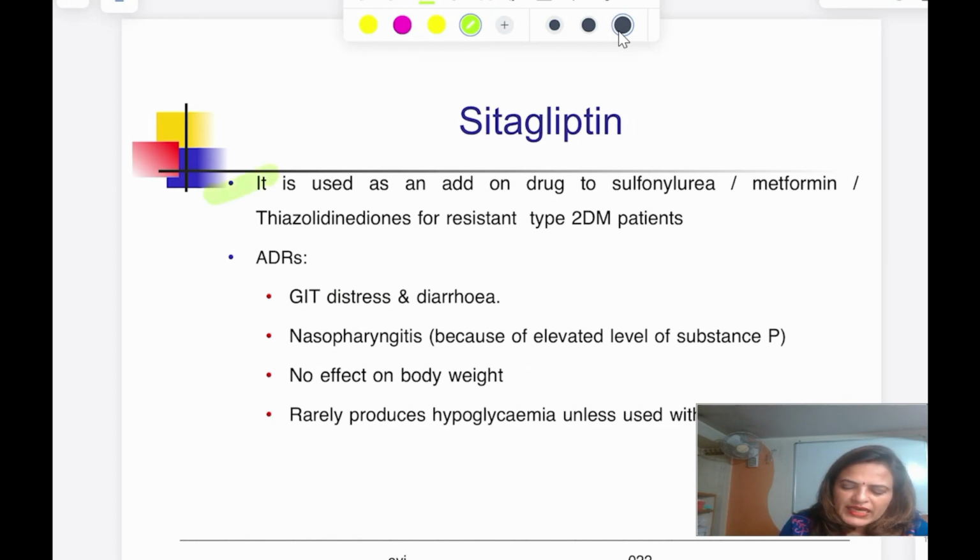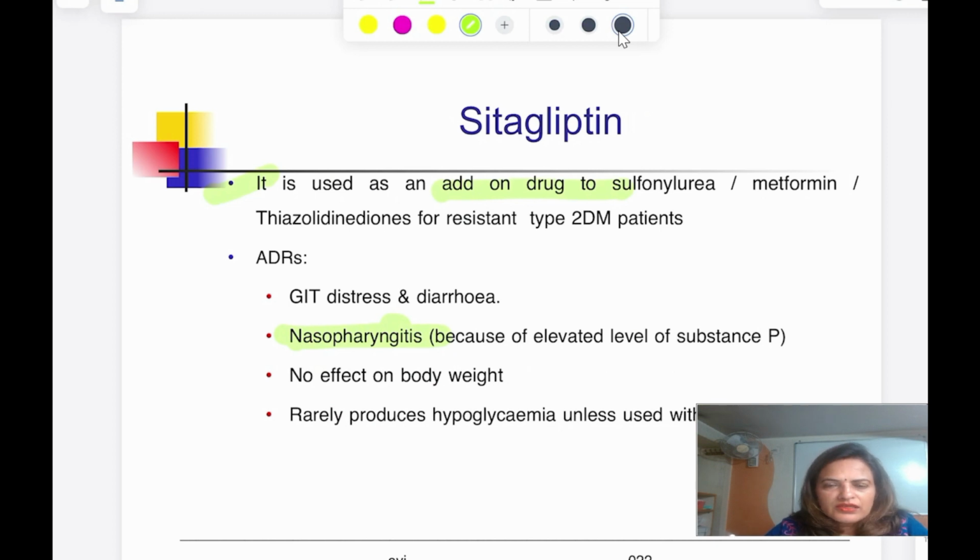We use it as an add-on therapy, and the most important side effect with this group of drugs is nasopharyngitis, just like acute pancreatitis with exenatide. It rarely produces hypoglycemia. Same with exenatide and liraglutide, hypoglycemia is less.